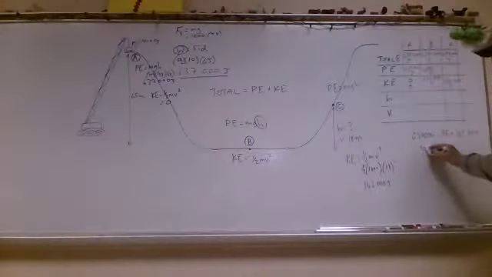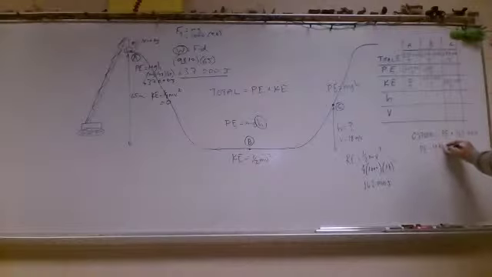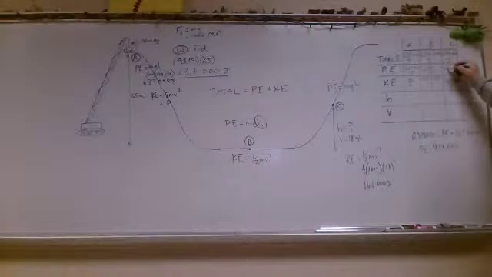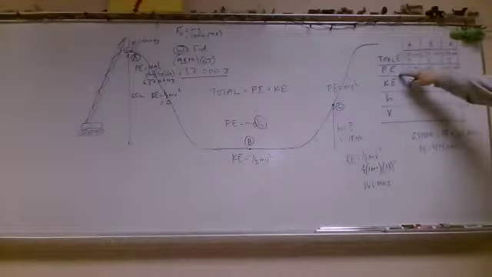So our potential energy here is 475,000 joules. That plus that, potential plus kinetic, is equal to the total.